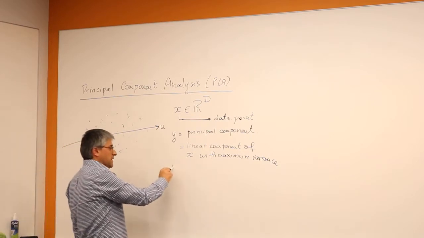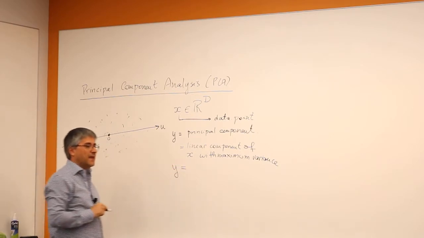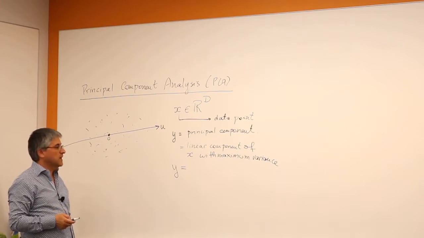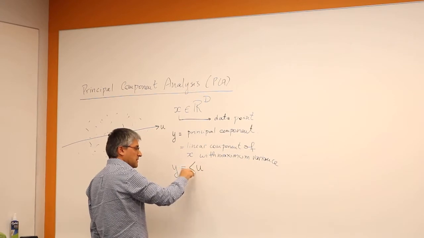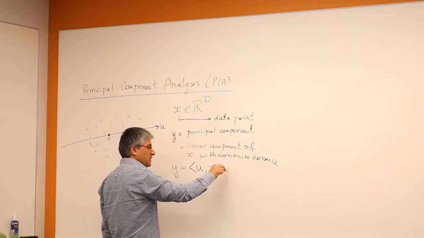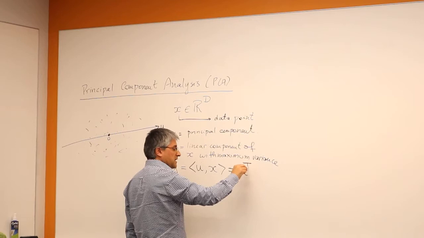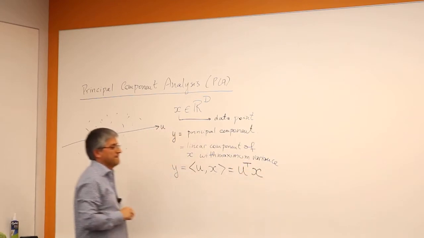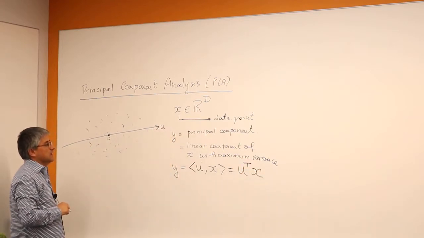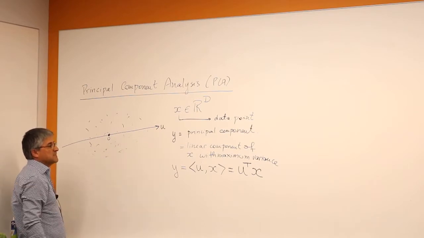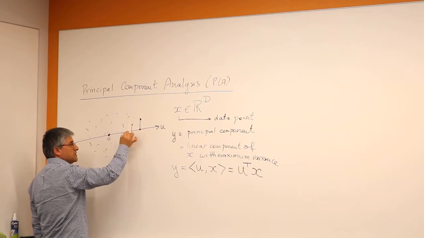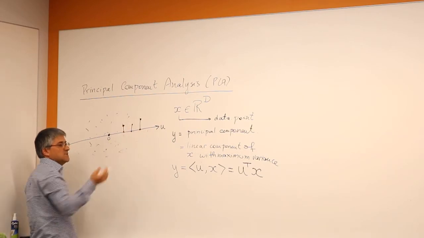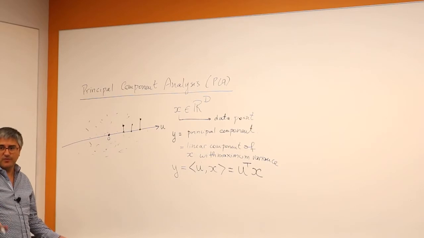By linear component, I mean that I'm going to take the dot product between U and X, or U transpose X. So U is going to be the main direction. And what does that do? It takes every point and projects it here. It takes this point, projects it there. It takes this point and projects. So it just projects the given data point onto the direction that I'm choosing.